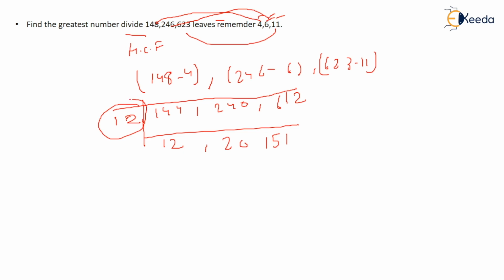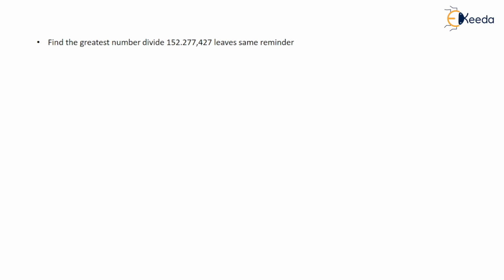So what is the HCF of this? 12. Further you cannot divide, because 51 cannot be divided by the same type of number. If you take 2, this cannot be divided. If you take 3, this cannot be divided. So similarly you have to do this. Okay, so 12 is the answer.